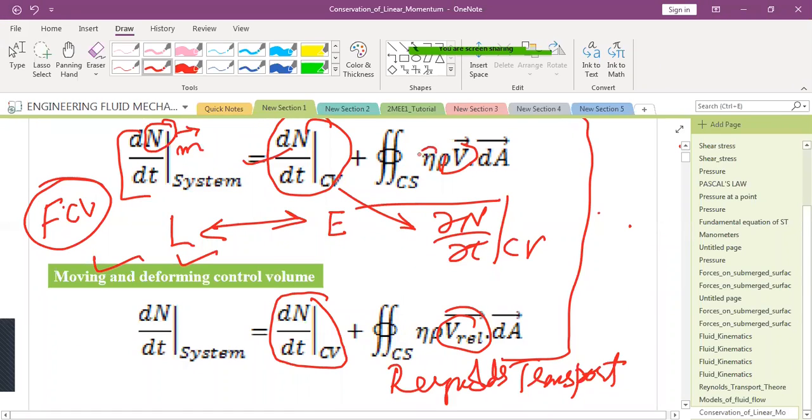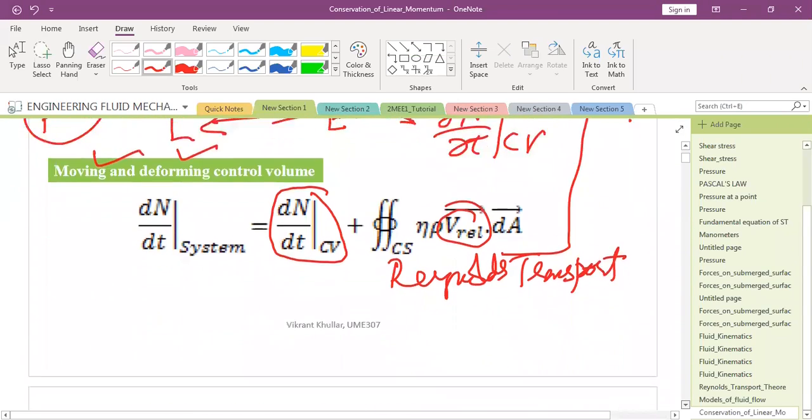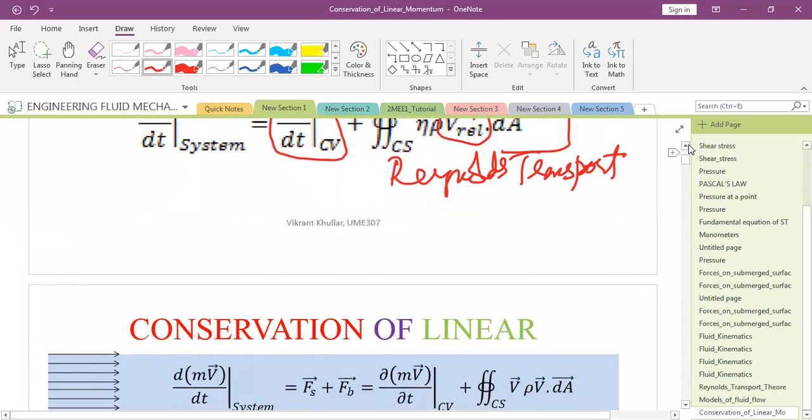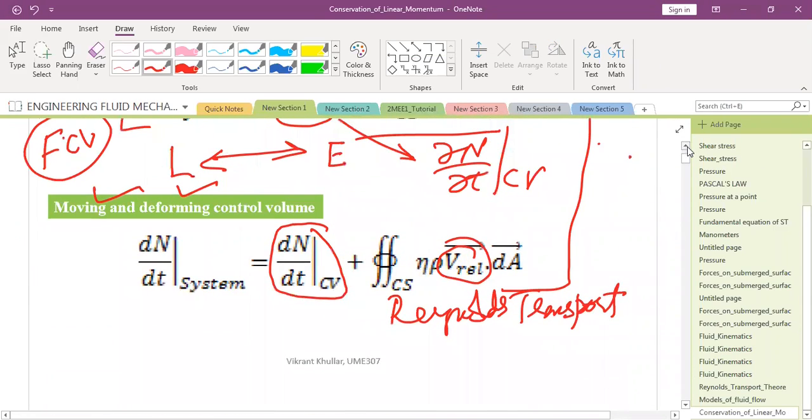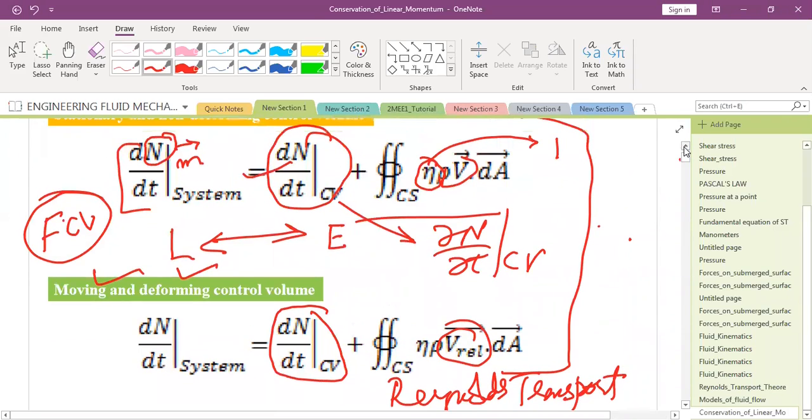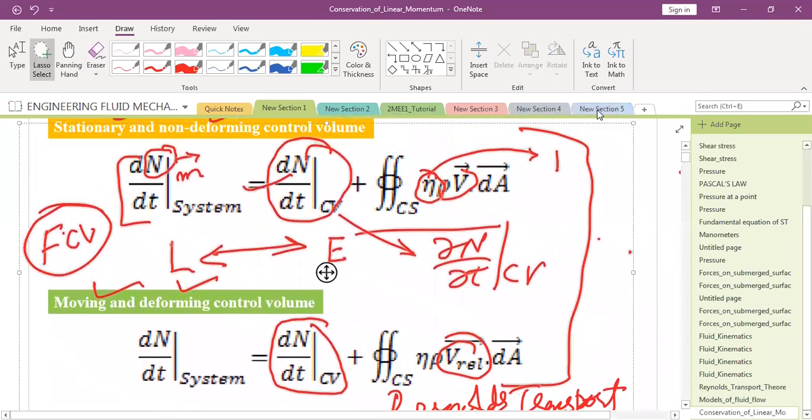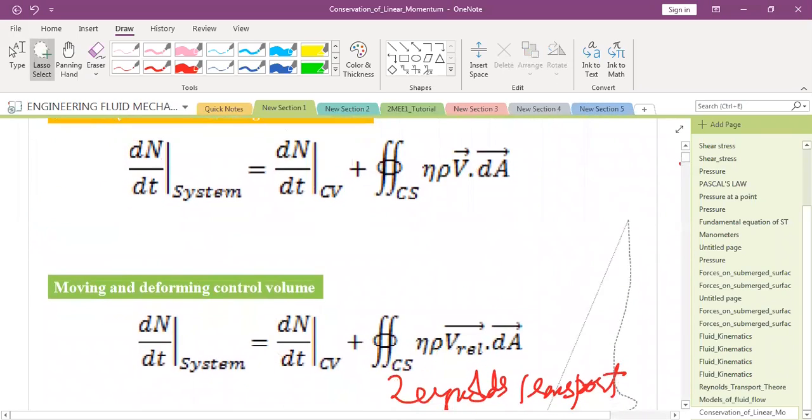What was the small n equal to? 1. So now we will take this concept forward with the only difference that now this N does not represent mass, but it represents the linear momentum. That is the only difference, and that's why it is so easy now.